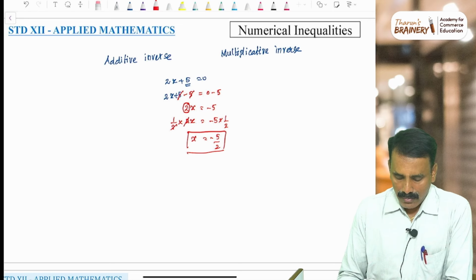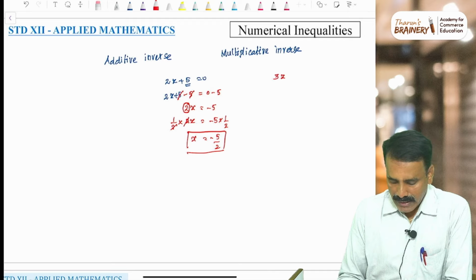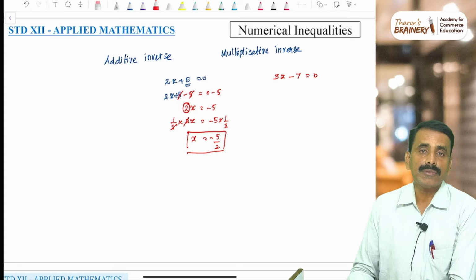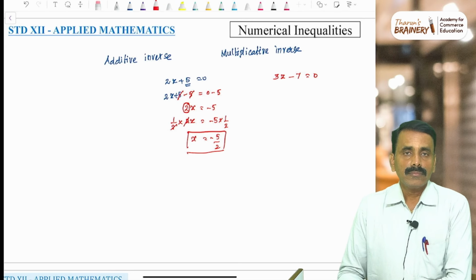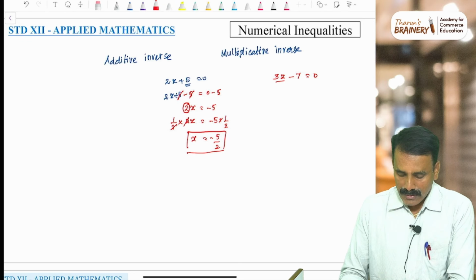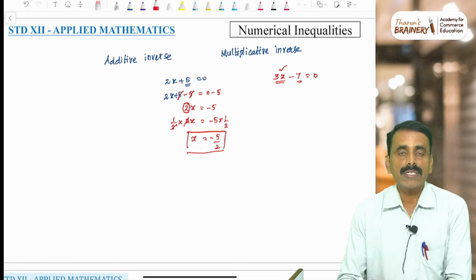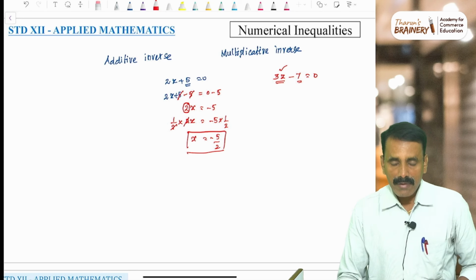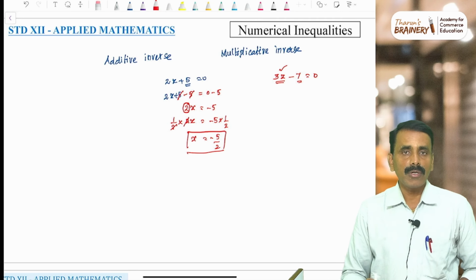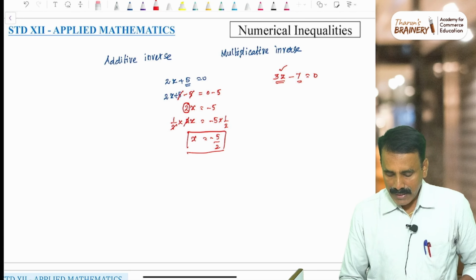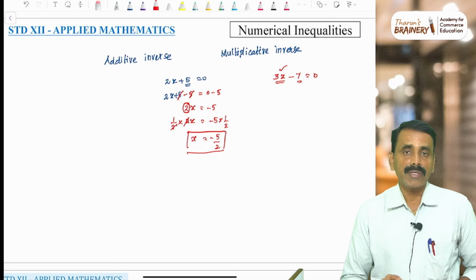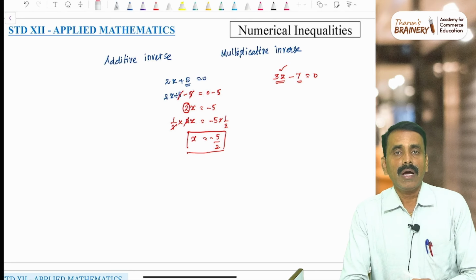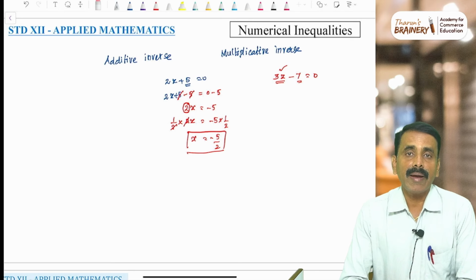Now how to find the solution for 3x minus 7 equal to 0? Now I have two terms, the term containing x and a constant. First I must remove the constant term. What is the constant term I have? Minus 7. This minus 7 is in subtraction with 3x, so I should operate with the additive inverse of minus 7.